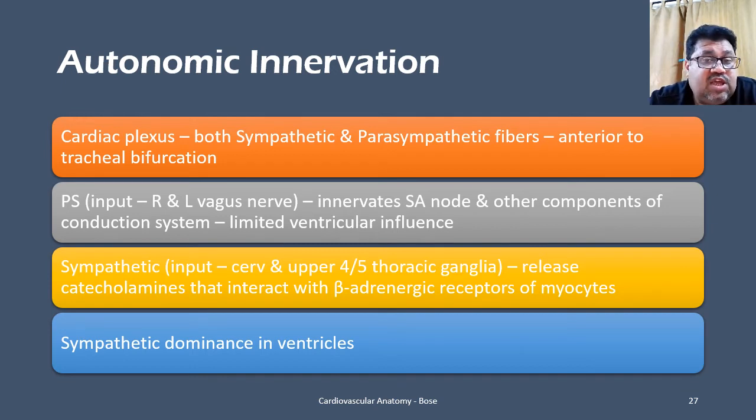The sympathetic input to the plexus comes from the sympathetic trunk in the neck. Cardiac nerves from the cervical and upper 4 to 5 thoracic ganglia feed into the cardiac plexus. The sympathetic stimulation releases catecholamines, which are epinephrine and norepinephrine, that interact with beta adrenergic receptors on the cardiac cell membrane, causing an excitation of the cardiovascular system.